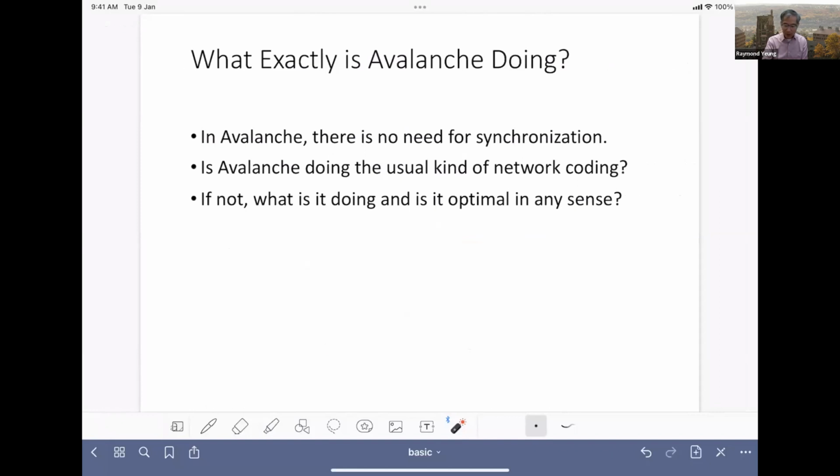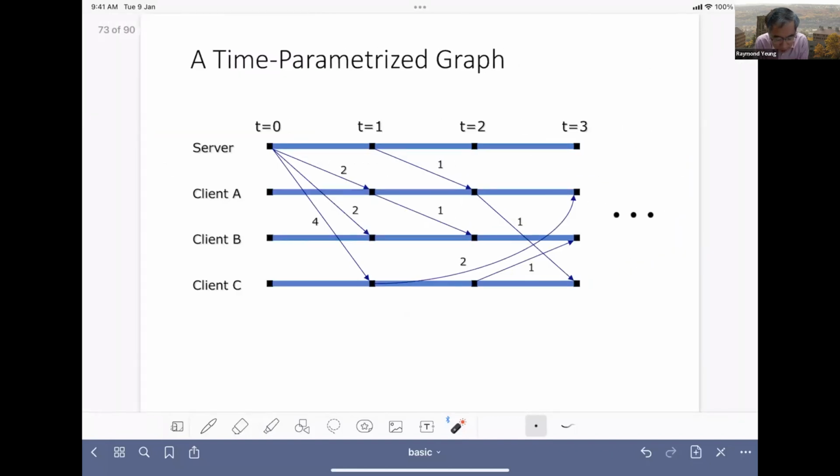It turns out that the correct way to understand the Avalanche system is through a time parameterized graph. Suppose in this P2P system we have one server and three clients A, B, and C. For the purpose of modeling, let's assume it takes one time delay to transmit to a neighbor.